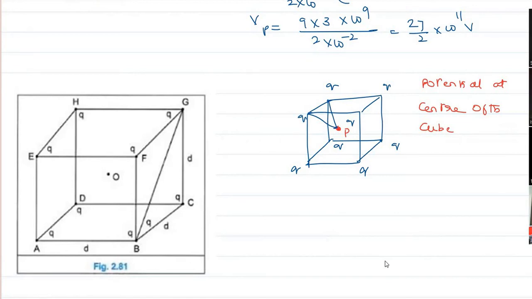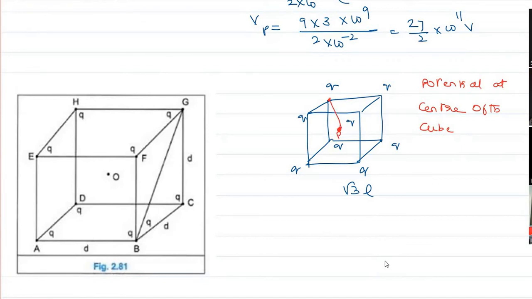So root 3L is the body diagonal. Along the body diagonal, this point is at the center. Can you imagine, in the square box, this point P is at the center of the cube. The charge Q at the vertex, you have to connect it in this way to the point.